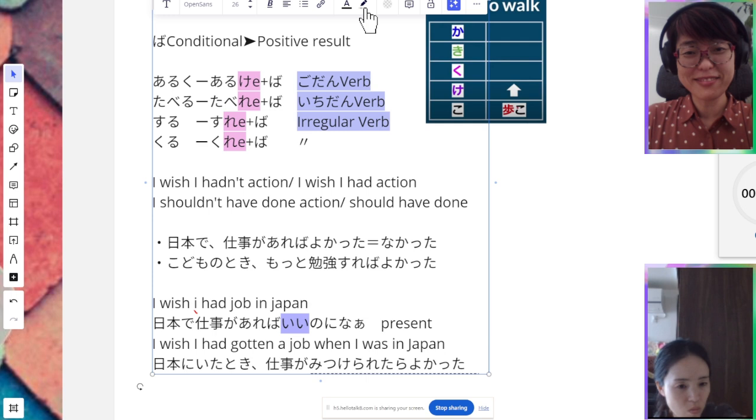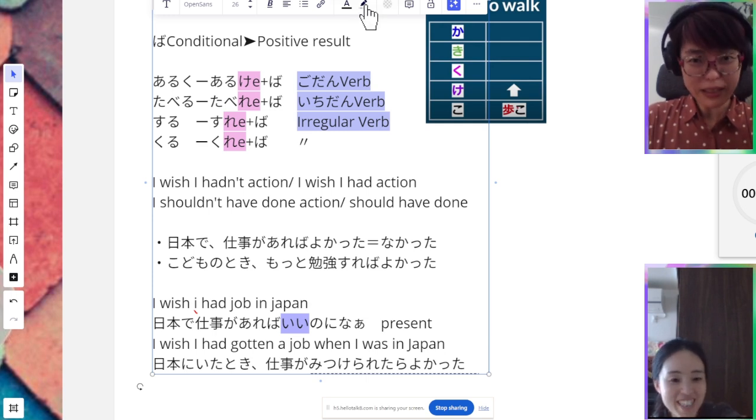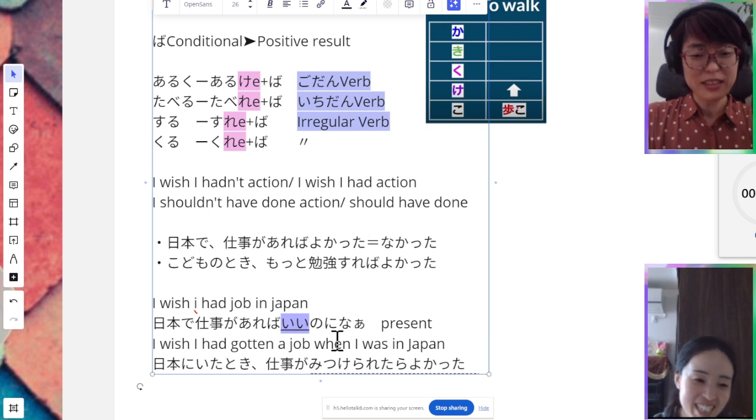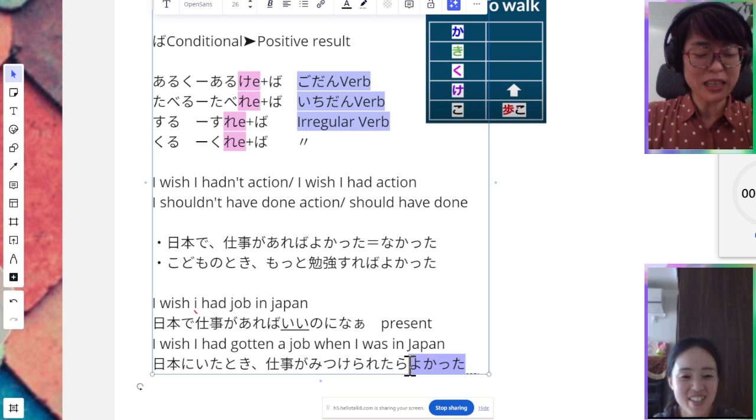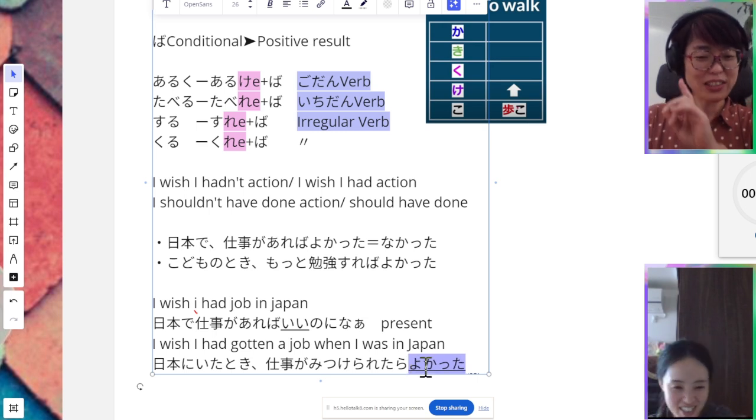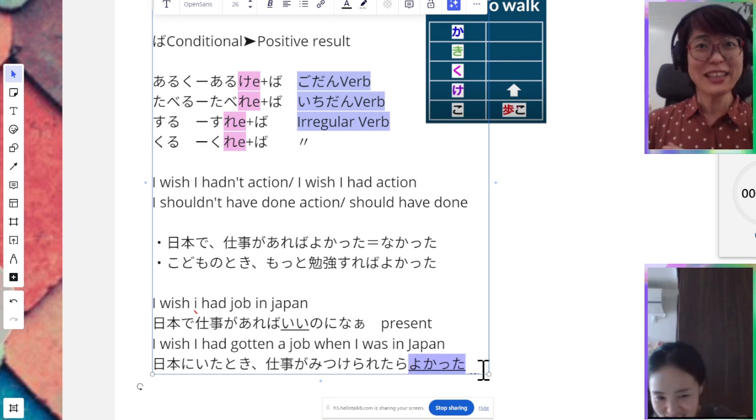You are just talking about a current action. 見つけられたらよかった, よかった is past. So no, with this phrase you have to talk about the past.